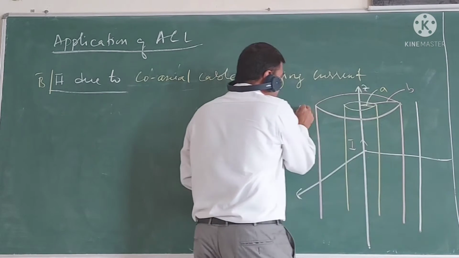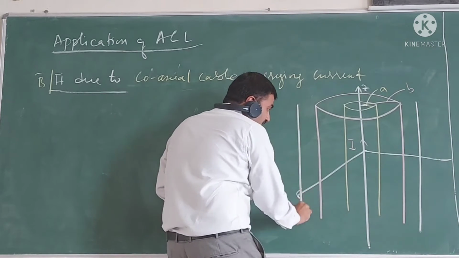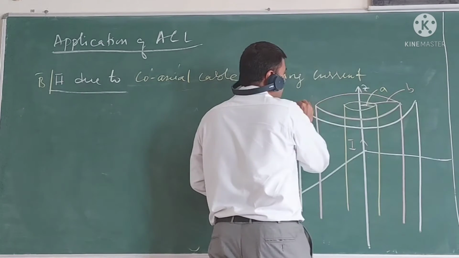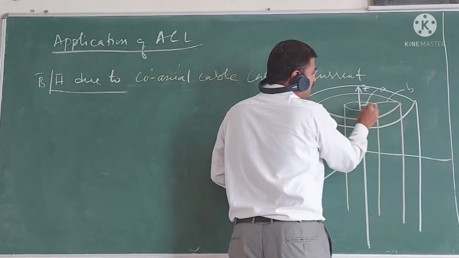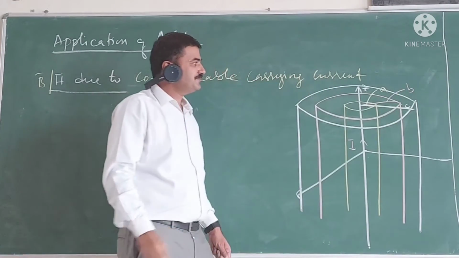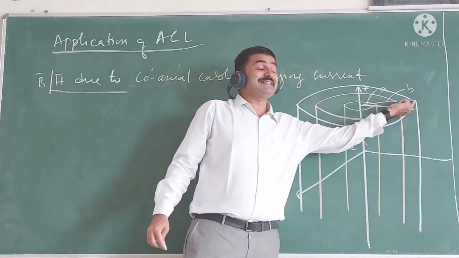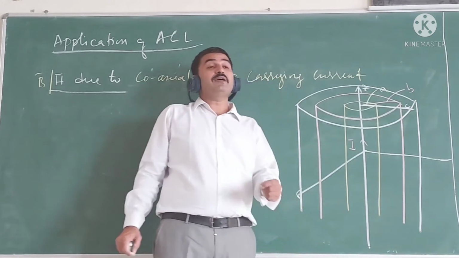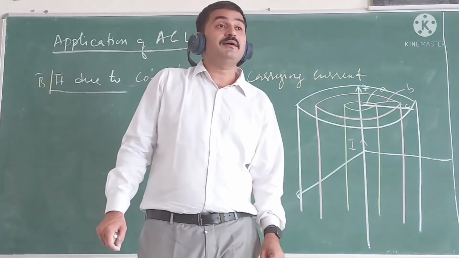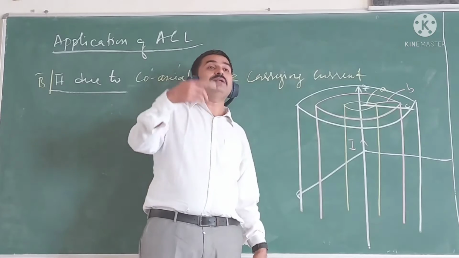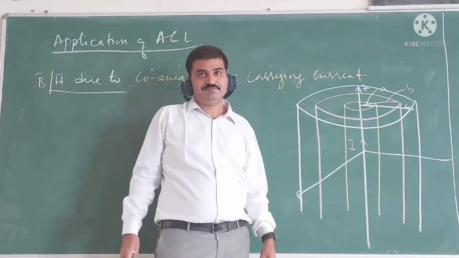Was it to be having some thickness or not? Yes, sir. That thickness, this is C. This is the thickness C minus B. Hence the outer conductor has inner radius B and outer radius C.